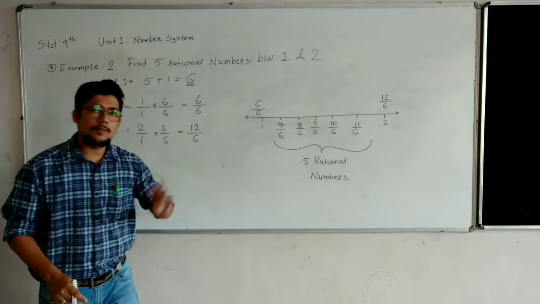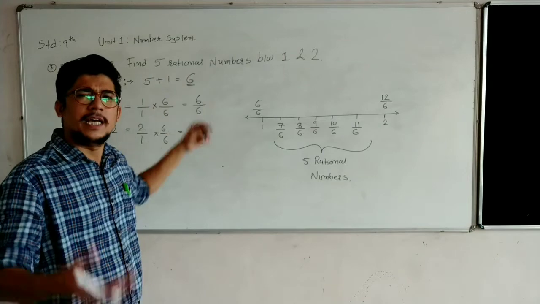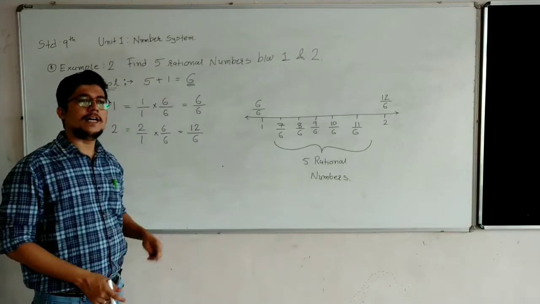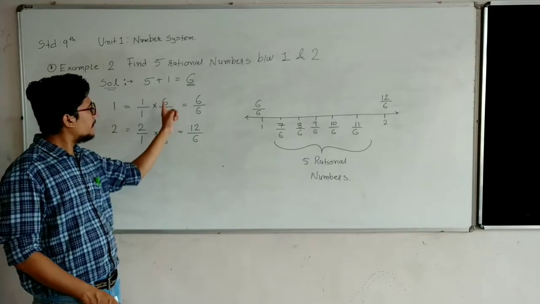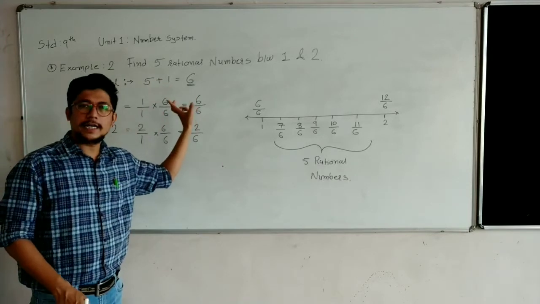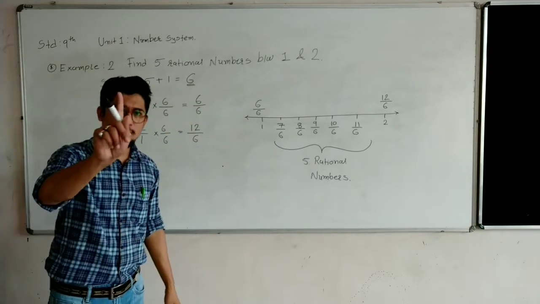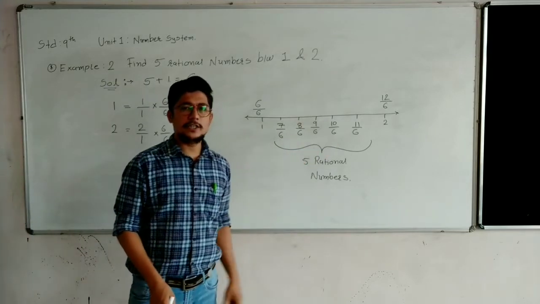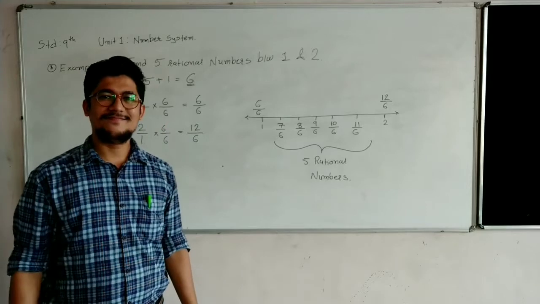In the same problem, if they have asked for 6 rational numbers, then you have to do nothing, just add 1. 6 plus 1 is 7. So multiply and divide by 7, you will get some value, and between those values you always add 1 in the numerator. So you will get each and every rational number between the asked positive integers.